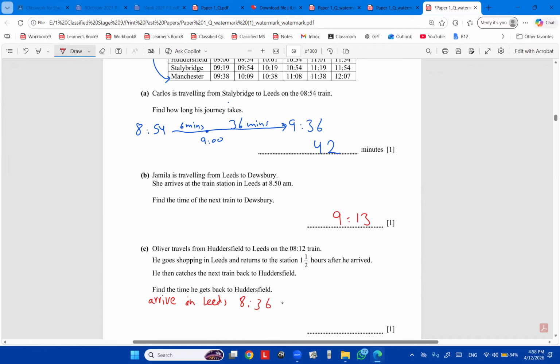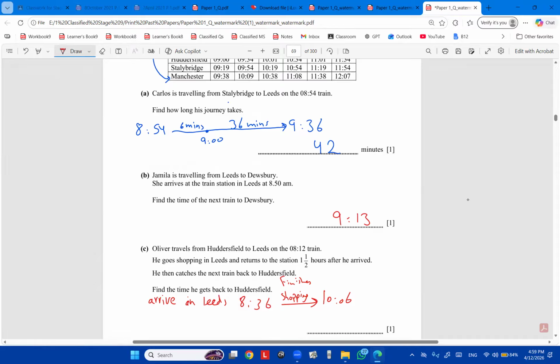He goes shopping for 1.5 hours. So what time is he going to finish? After 1 hour is 9:36. And the other half, so he's going to finish exactly at 10:06. Finishes shopping at 10:06.